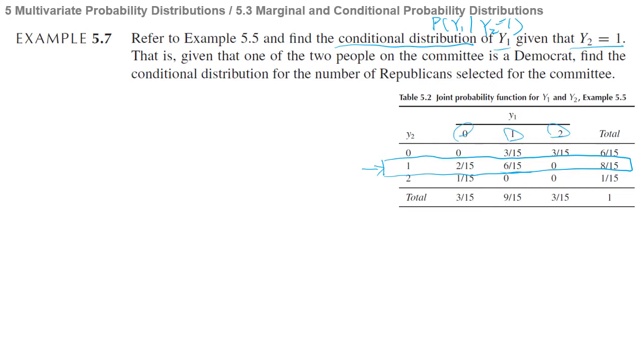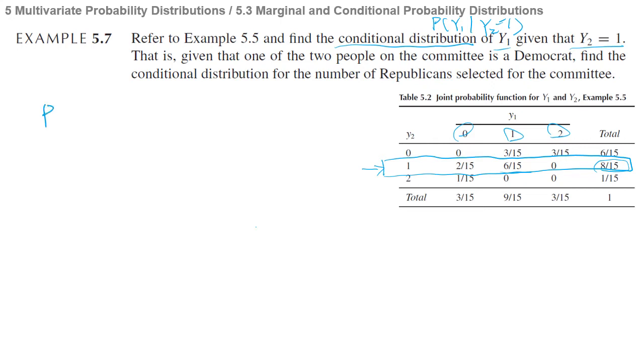Intuitively, we can divide each probability by 8 over 15 so that the probabilities sum to 1, and actually that's the definition of the conditional probability.